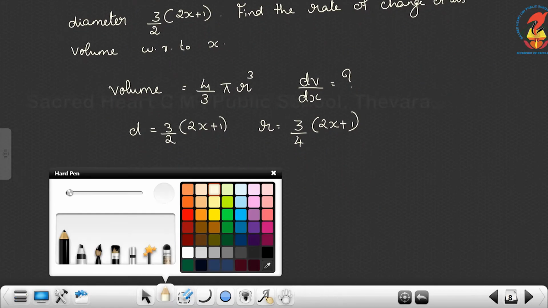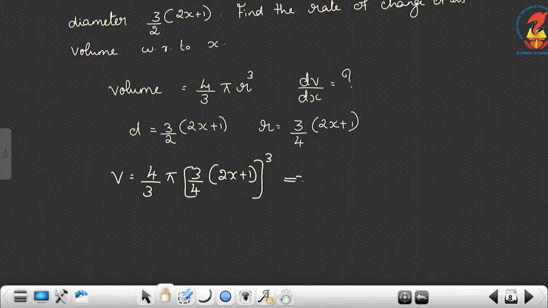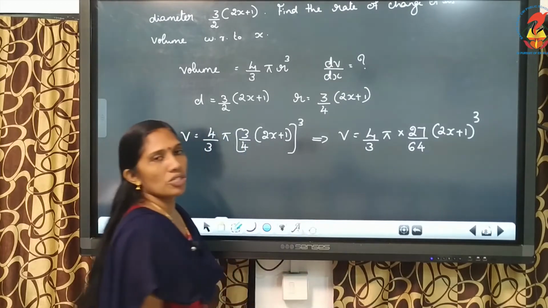So volume V is equal to 4/3 pi r cube, that is 3/4 (2x + 1) whole cube. That implies V is equal to 4/3 pi into 3 cube over 4 cube. 3 cube is 27, 4 cube is 64, into (2x + 1) whole cube.